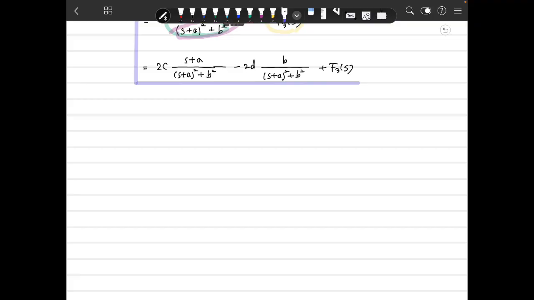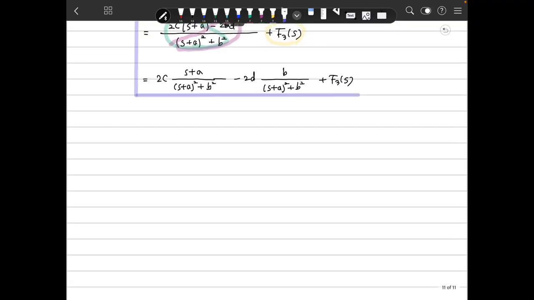So to take the inverse Laplace of this, the first term is the inverse Laplace of 2C times S plus A over S plus A squared plus B squared.